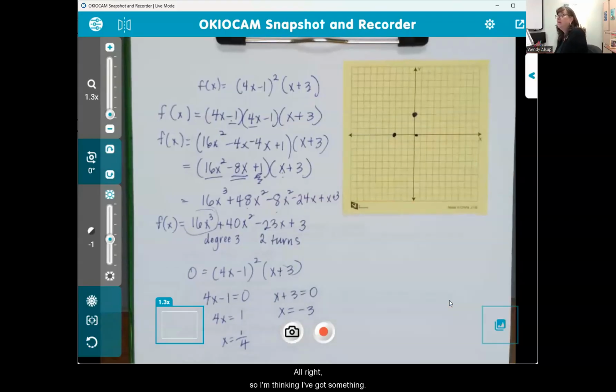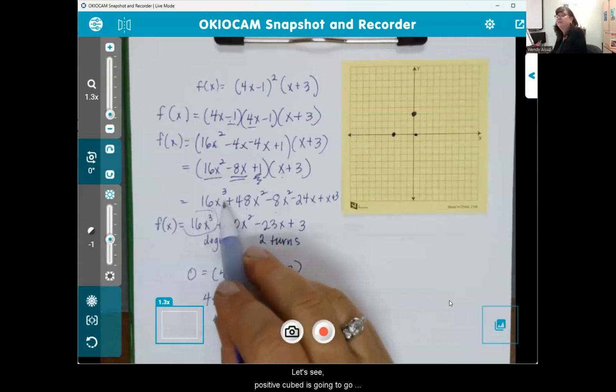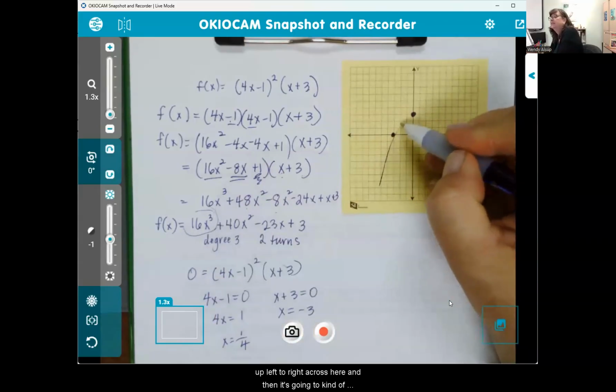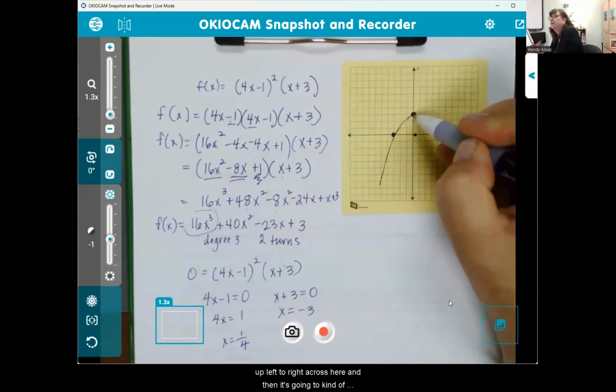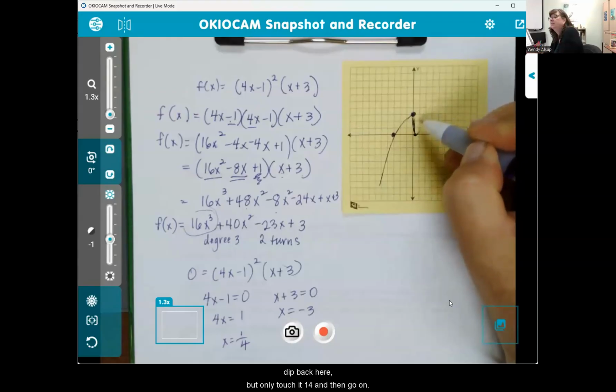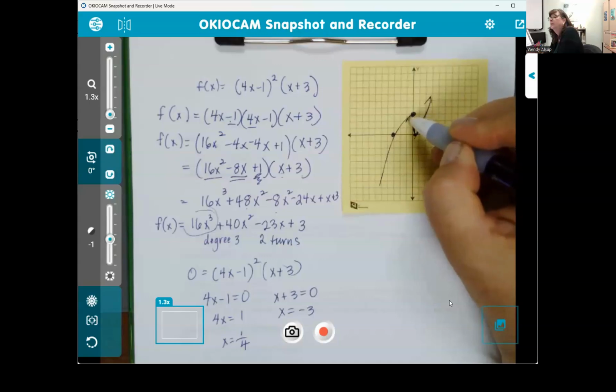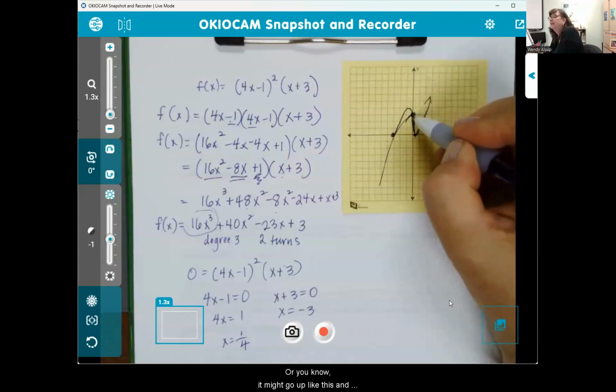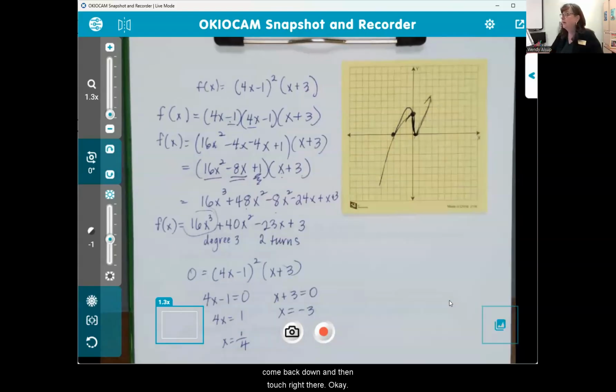All right, so I'm thinking I've got something: a positive cubic is going to go up from left to right, cross here, and then tip back, but only touch at 1/4 and then go on. Or, you know, it might go up like this and come back down and then touch right there.